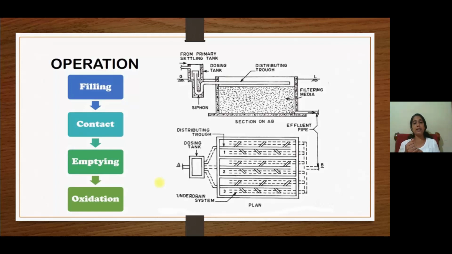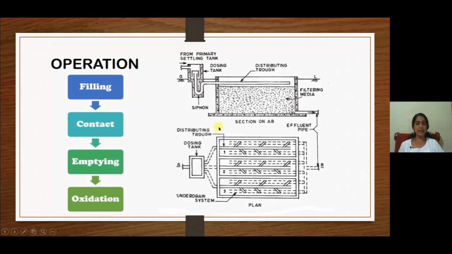After emptying, the atmospheric oxygen will enter into these void spaces, and it oxidizes the organic matter into gases and microbial biomass.